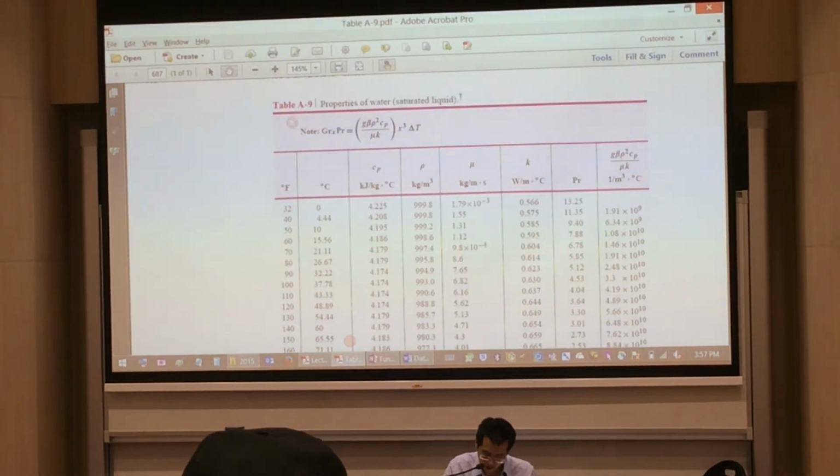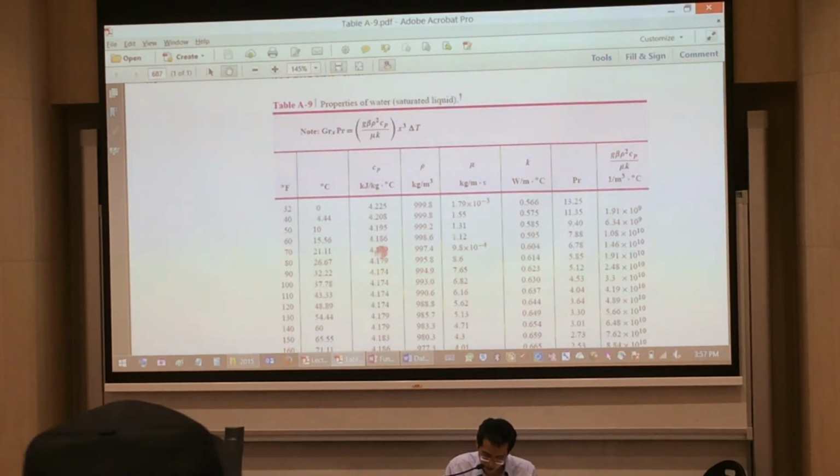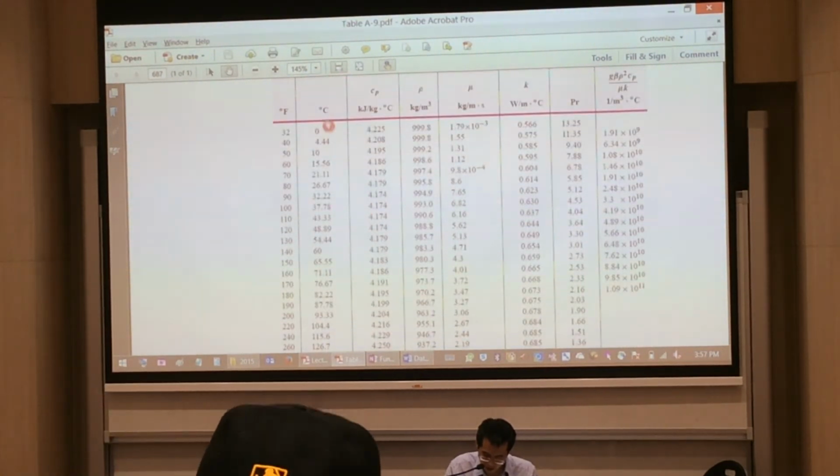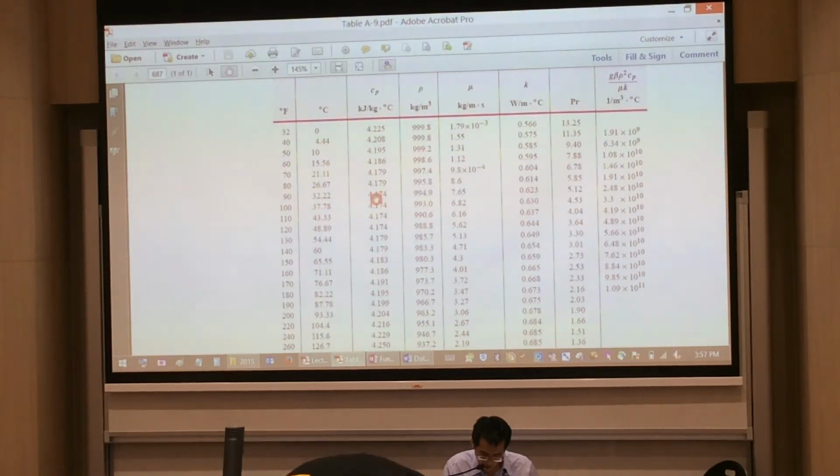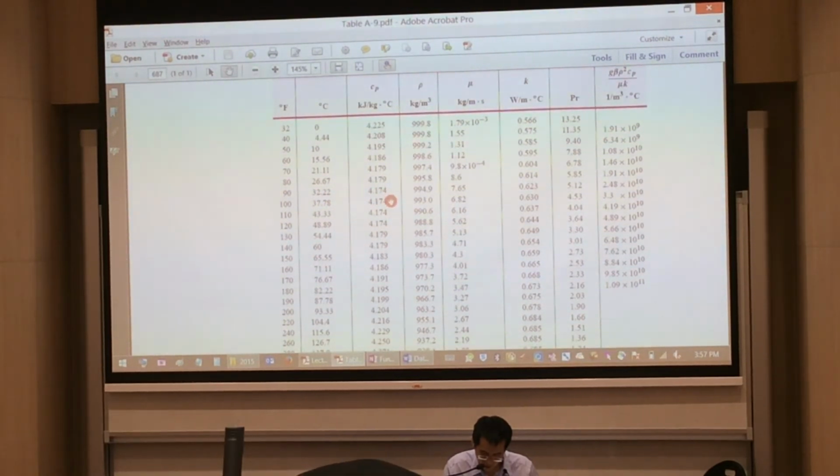Appendix A9 is a table for properties of water. And we actually need this property of the water at 36 degrees Celsius. So 36 is somewhere over here, and we want to find the Cp value. So the Cp value over here, 4.17, there doesn't seem to be any change.